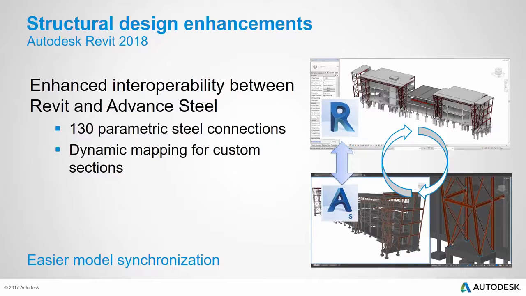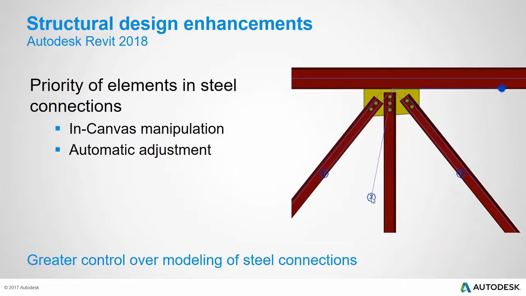You can do a lot of extra detailing in Advanced Steel, bring that information back into Revit, do modeling and manipulation in Revit, and shoot that back over to Advanced Steel. So, a great new feature set there. And also, if you're using custom sections or custom shapes that you're developing, possibly on the concrete side even, you can do a lot of interoperability between those as well.